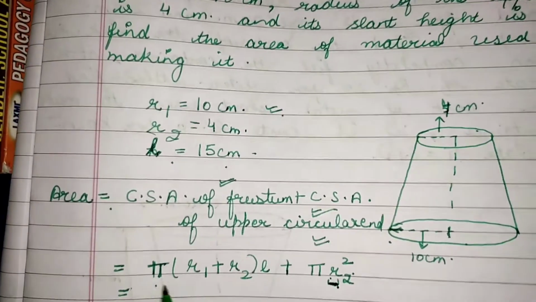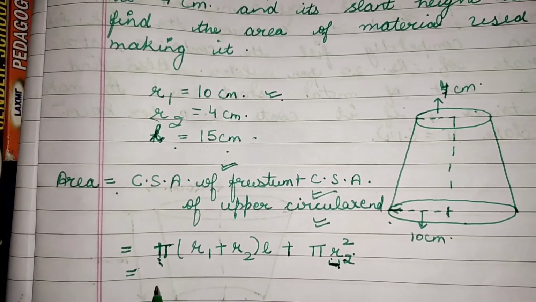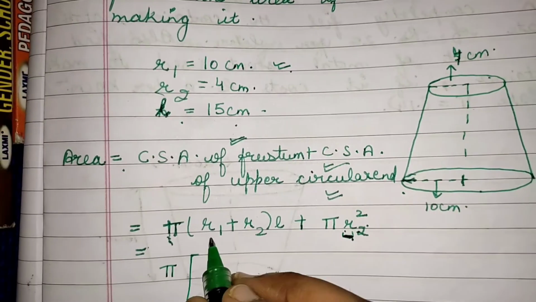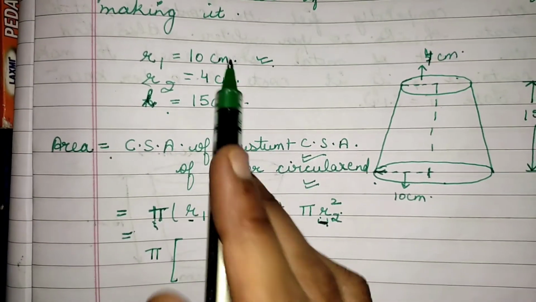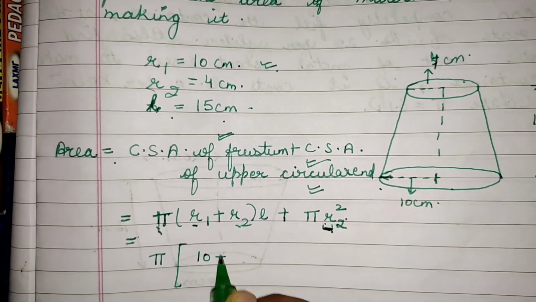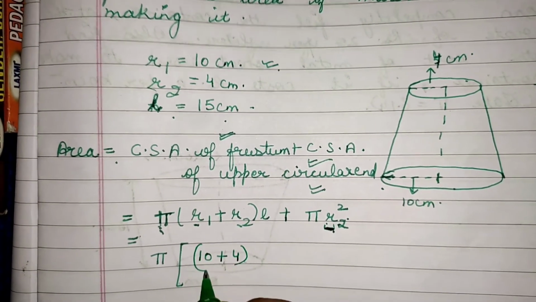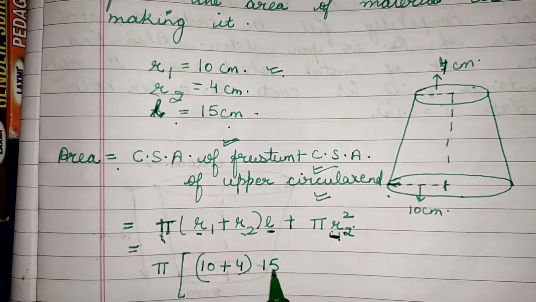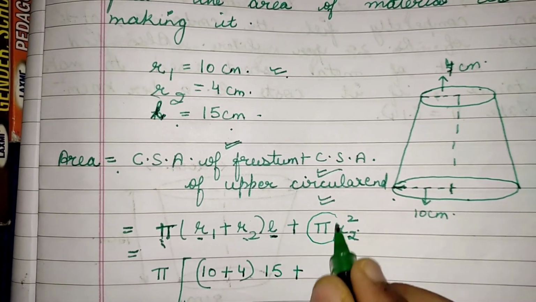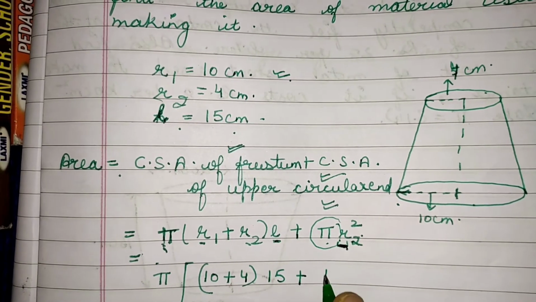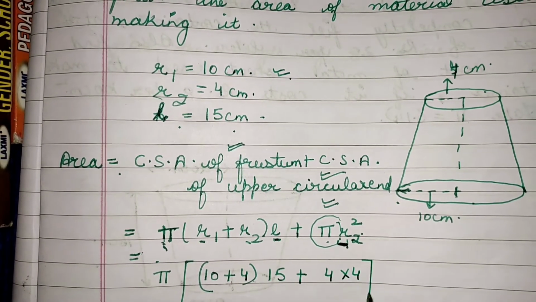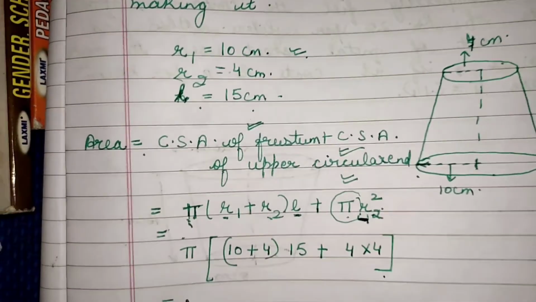Okay. So now I can take pi common from both. Then put the value of the rest. 10 is R1 plus R2 is 4, L is 15, plus from here pi will be outside and R2 is 4 into 4. Now put the values.